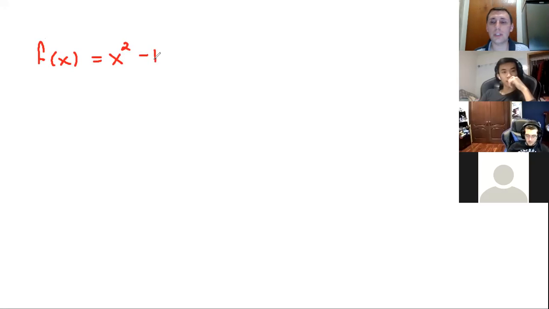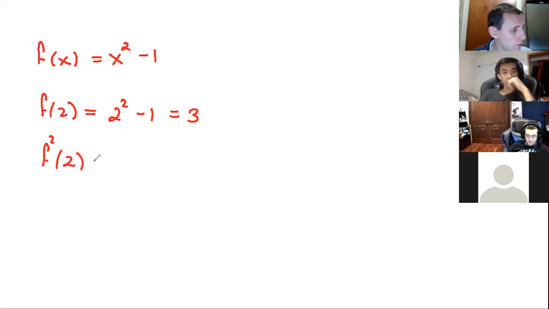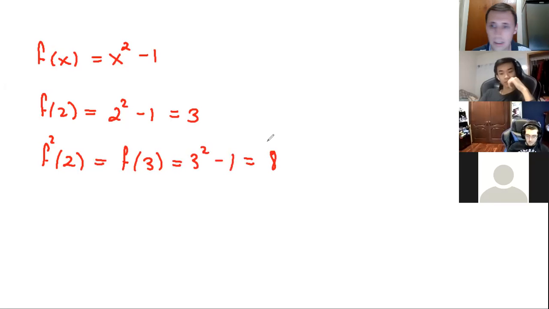And then you try to predict what happens to certain points, okay? So, for example, what happens to the point 2? If I take f of 2, that would be 2 squared minus 1, which is 3, yes? And then if I take f^2 of 2, 2 compositions at the point 2, that would be f evaluated at 3, which would be 3 squared minus 1, which would be 8, yes?